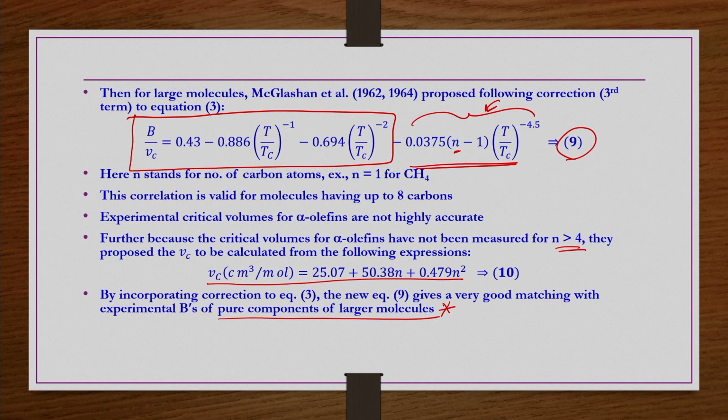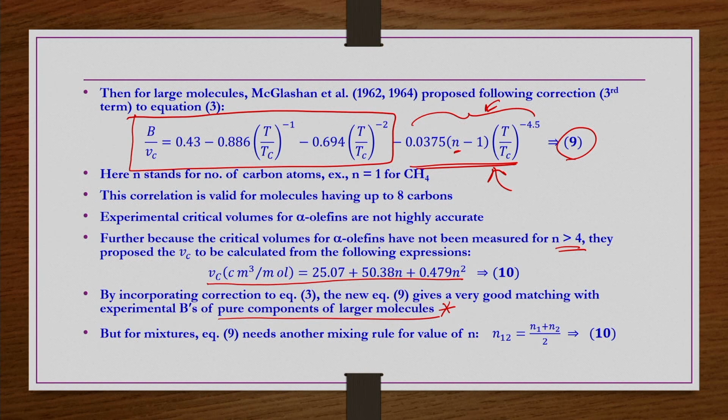The previous correlation gives a good matching with experimental results for small non-polar molecules, but by making this addition, this correction, they found that their results match the experimental results better, even for large molecules.